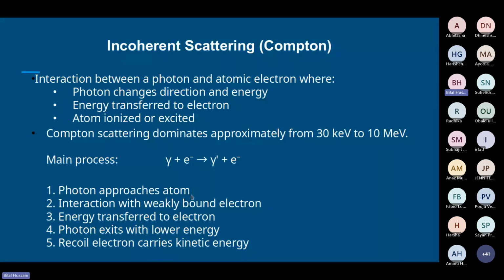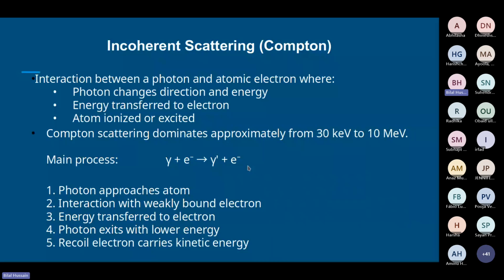The photon approaches the atom and interacts with a weakly bound electron. Remember that we have two models for Compton: a free electron model and a bound electron model. Many of the EGSnrc and other MC codes use bound Compton. We have to account for bound Compton, which is why they say bound Compton specifically.